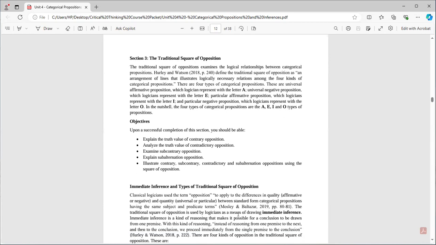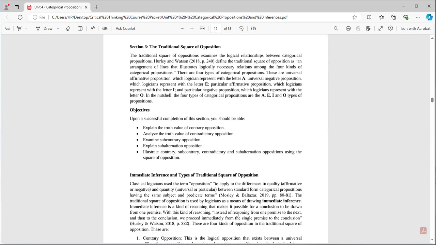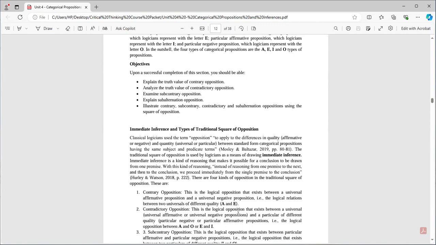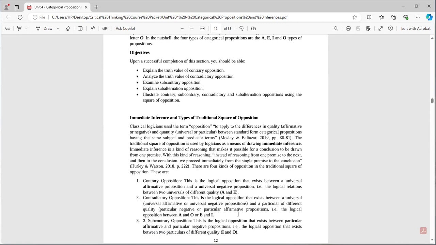So now we are going to make use of these letters. But before we do, we must explain what is meant by immediate inference. When logicians use the term immediate inference, they mean you are making an argument where you have only one premise, and on the basis of that premise, you draw a conclusion.